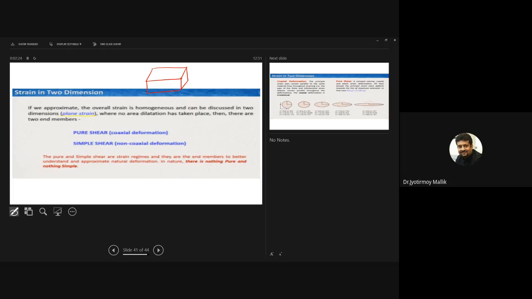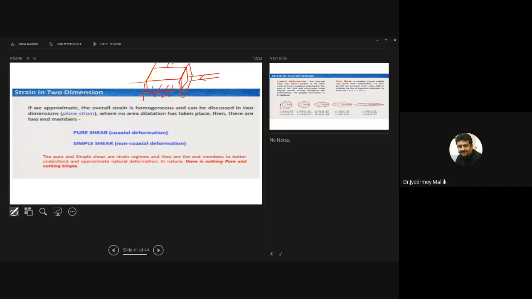Okay, suppose I am putting a plate here. I'm putting another plate here. Okay, and I am squeezing it along this plate, and I am allowing this part to move, to deform, but I am putting a lid at the top.